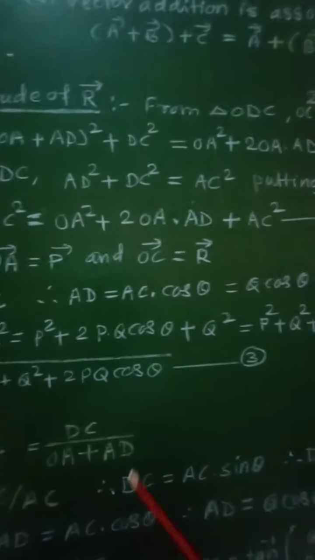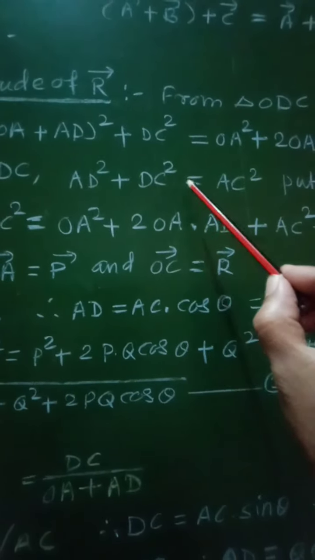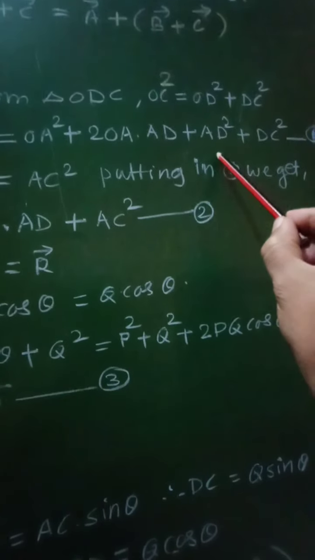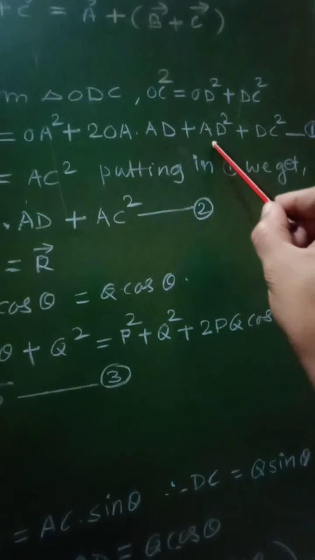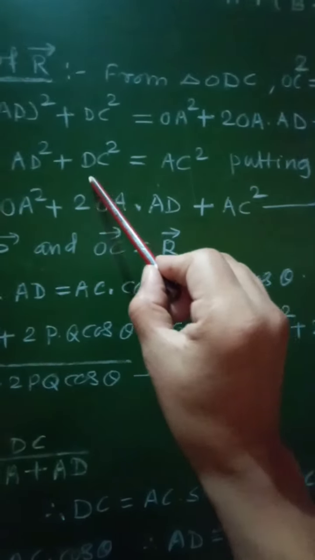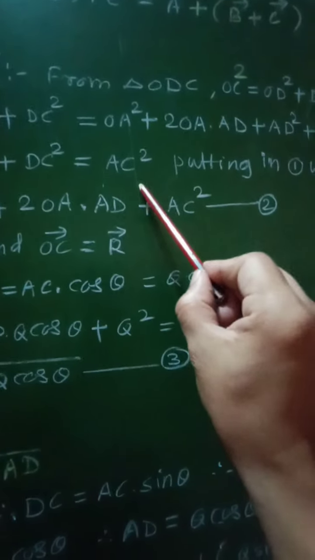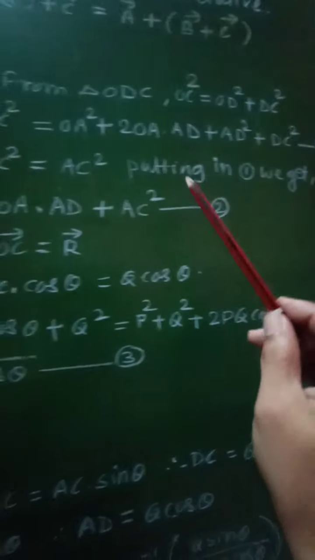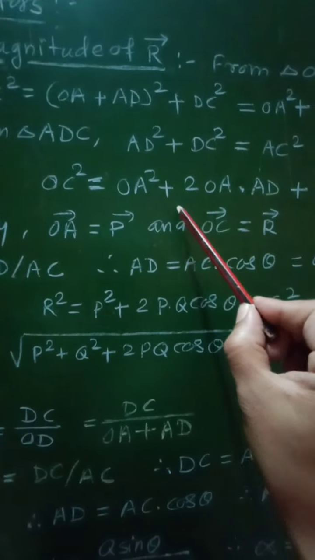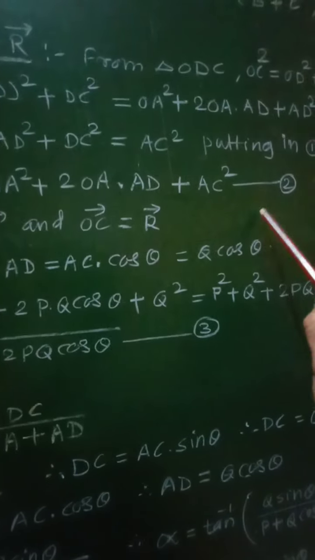Now in the relation there is AD square plus DC square, so these last two terms will be replaced by AC square. Putting this value of AD square plus DC square equal to AC square in equation 1, we will get OC square equal to OA square plus 2 OA AD plus AC square as equation number 2.